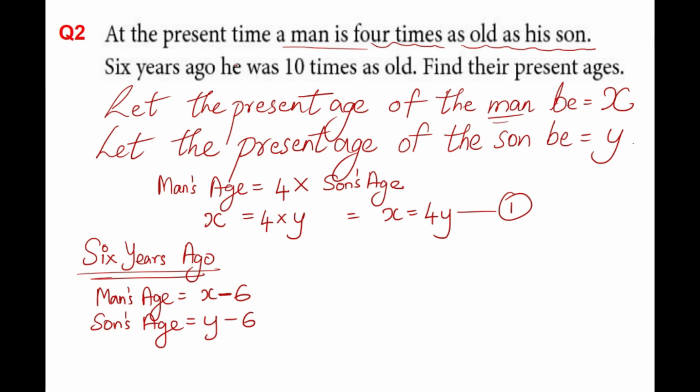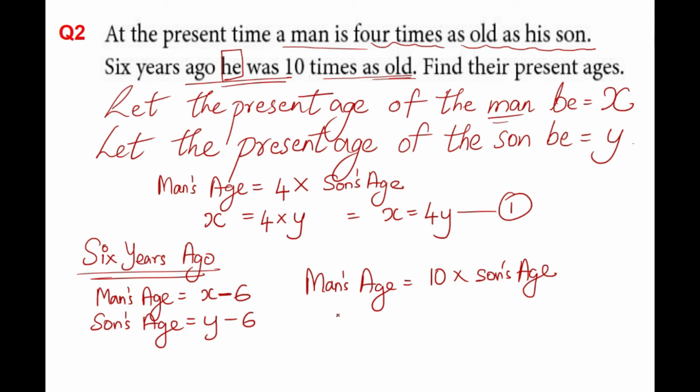Now getting back to the question, 6 years ago he was, this is the man, was 10 times as old as his son. So the man's age was 10 times his son's age, from which we can write x minus 6 was 10 times y minus 6.